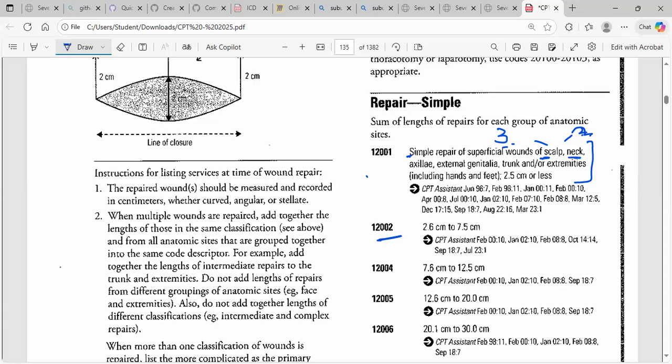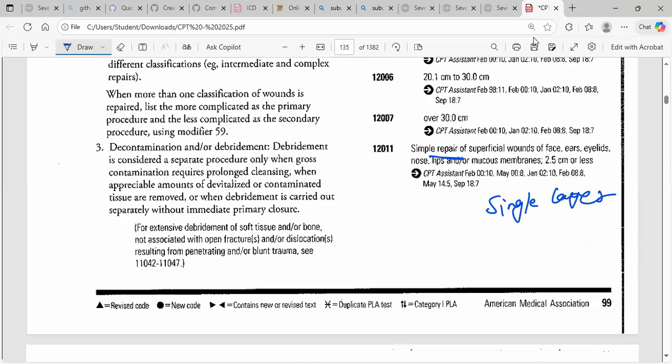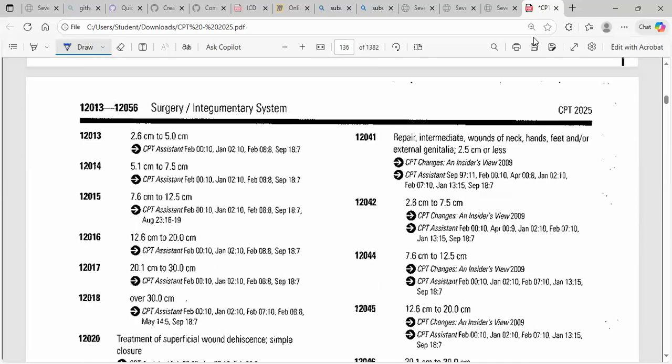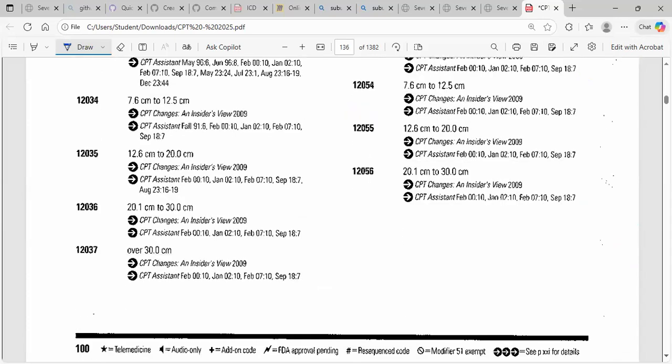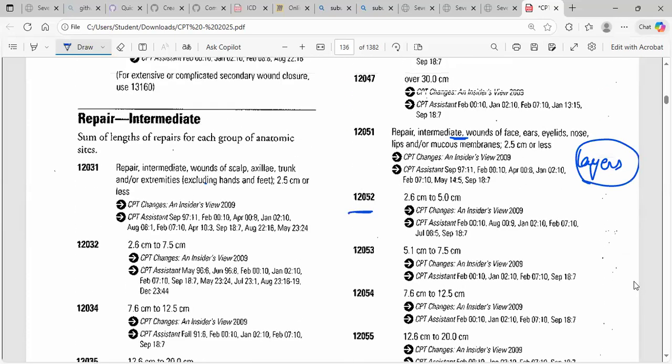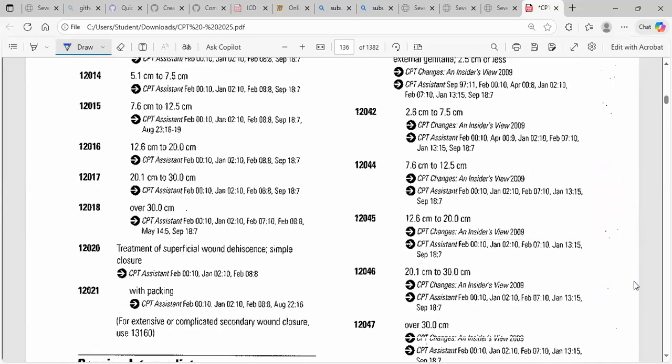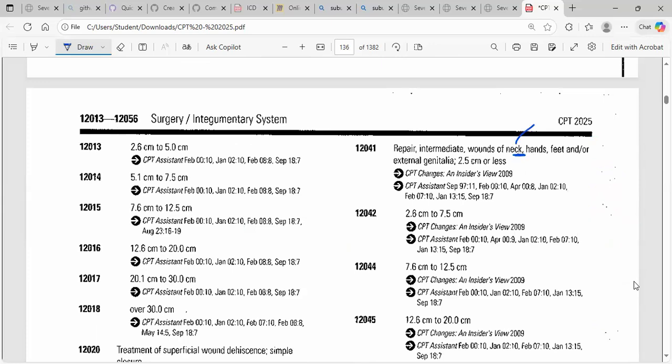then we are going to add the sizes. If it is different, let's say on the scalp a simple repair has been completed, and on the neck an intermediate repair has been done, then we are not going to add.